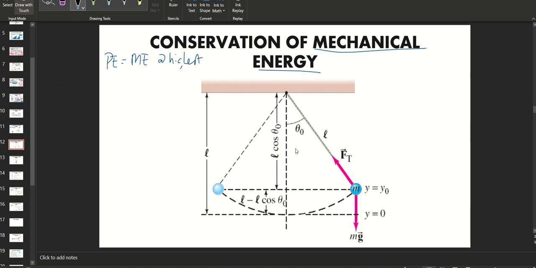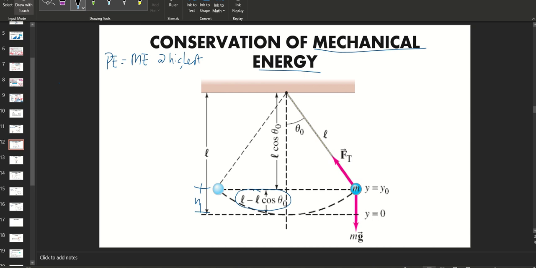Sa pendulum problems, ang highest peak niya ay kung hanggang saan lang talaga yung itinaas niya. Let's say ito na yung highest peak niya, so yan yung height niya. At height, however, the height is given by the formula, this one.